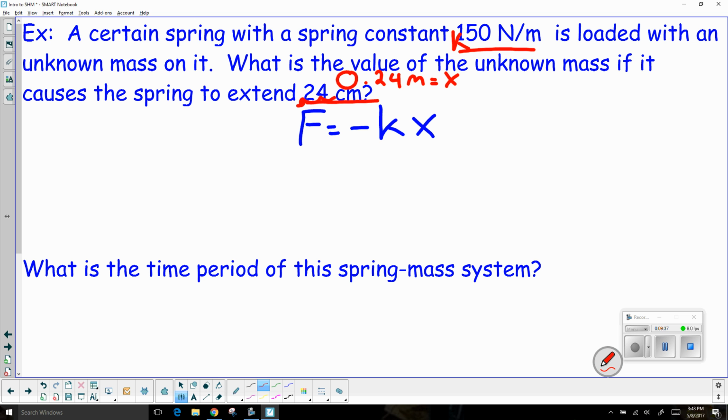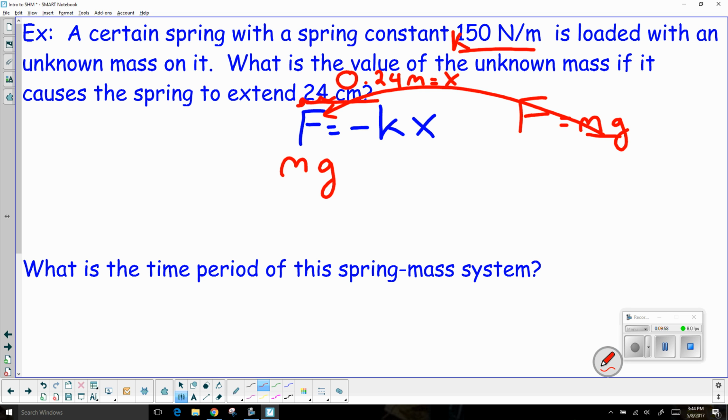I also need to remember that force equals mass times gravity in this case, because the mass is hanging and stretching straight down. And so I can substitute this equation in for F.